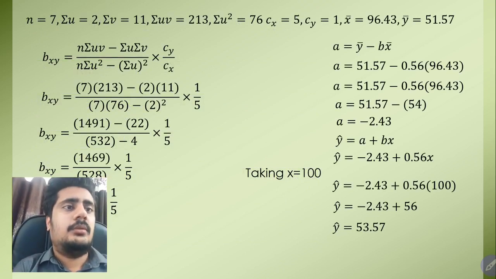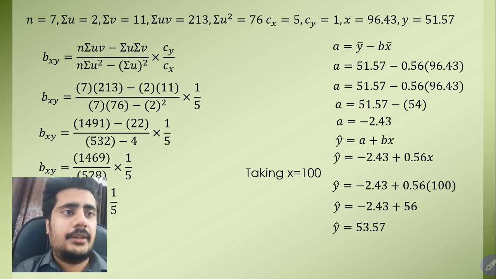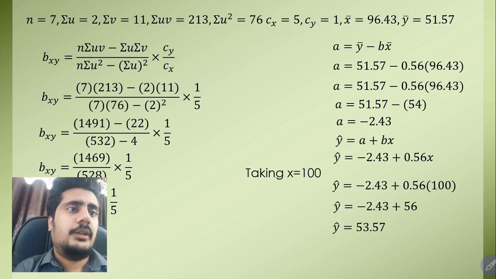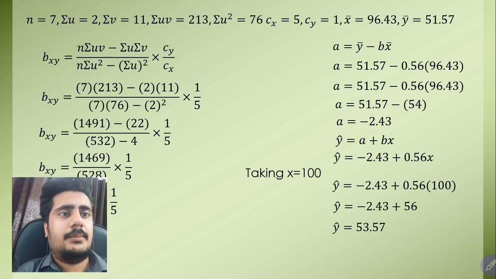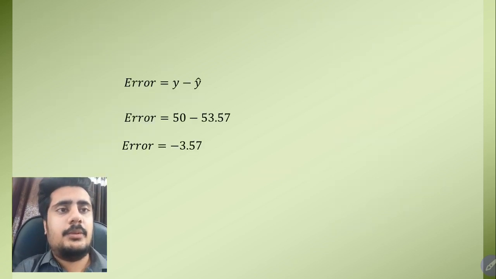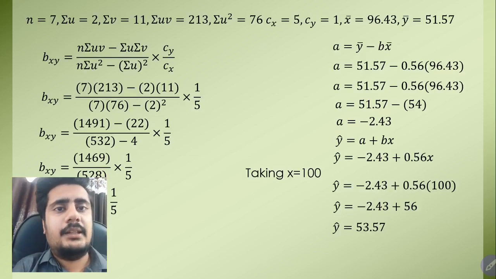So if you put x 100 in y cap, y cap is minus 2.43 plus 56. 56 minus 2.43 is 53.57. Yes, so 53.57 is the estimate, 50 is actual.